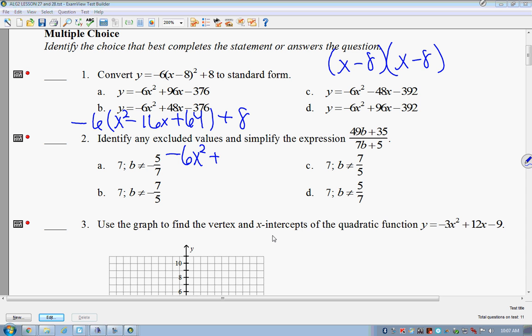Is it 96? Okay, positive 96x. And then we want negative 6 times 64. Probably negative something. Negative 384. All right, now let's go ahead and add 8 onto that.